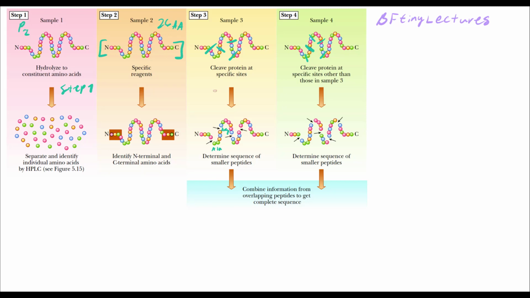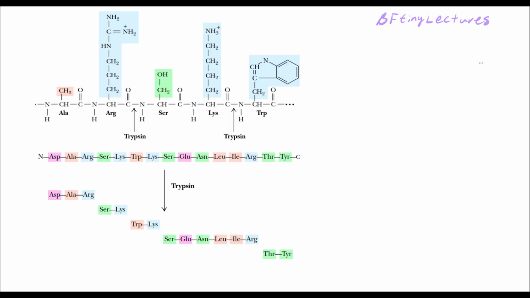Okay, so we're going to be talking about which molecules we use to cut certain amino acids. One of the molecules that we use to cut amino acids from the polypeptide chain is called trypsin.